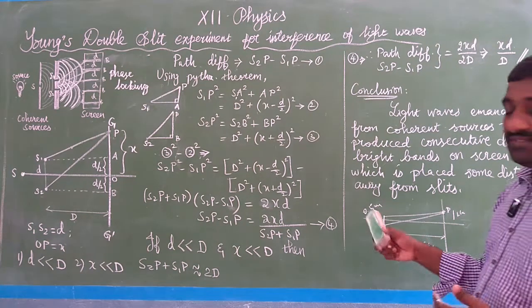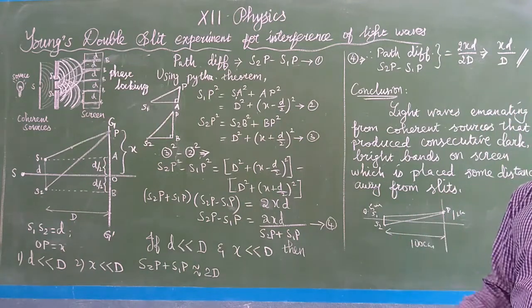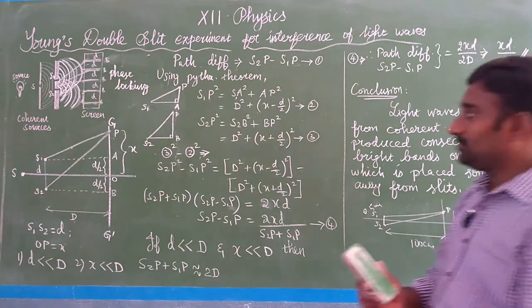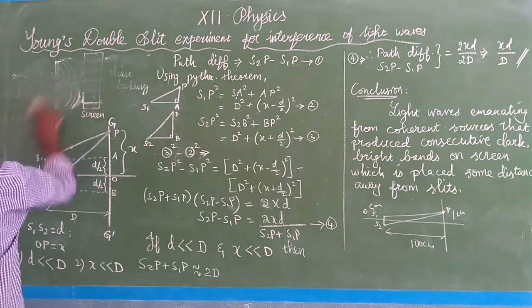The continuity still we have. We need to find the fringe width. Before knowing the fringe width, what is the fringe pattern? The continuity of this experiment, fringe pattern.